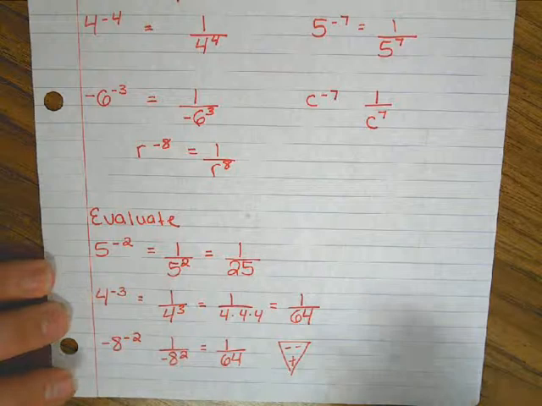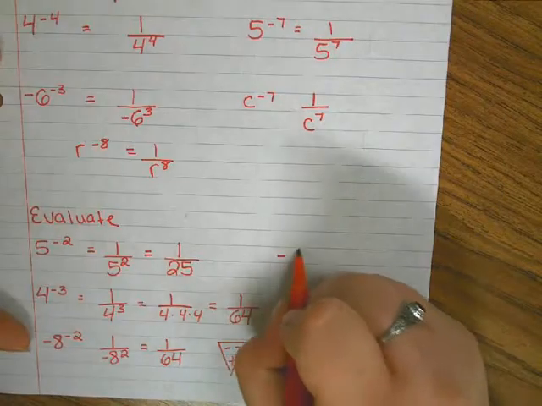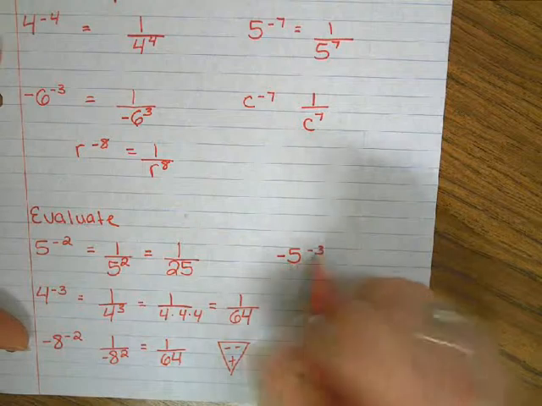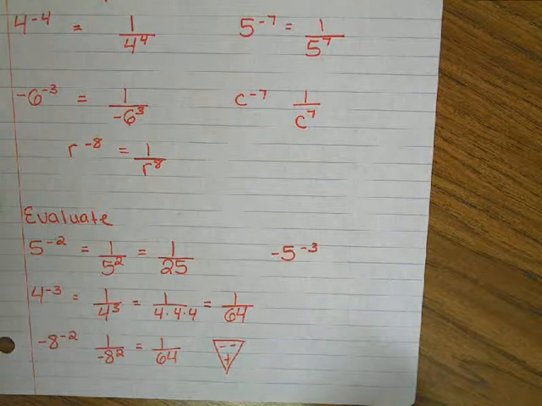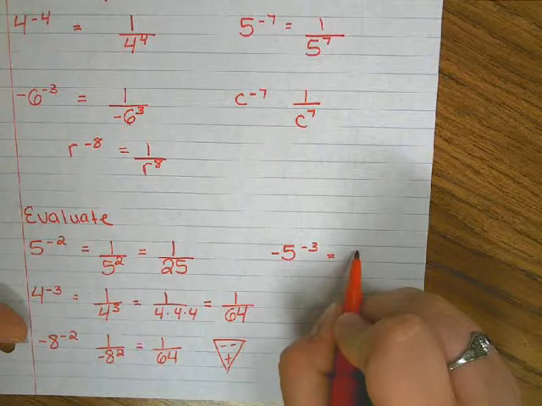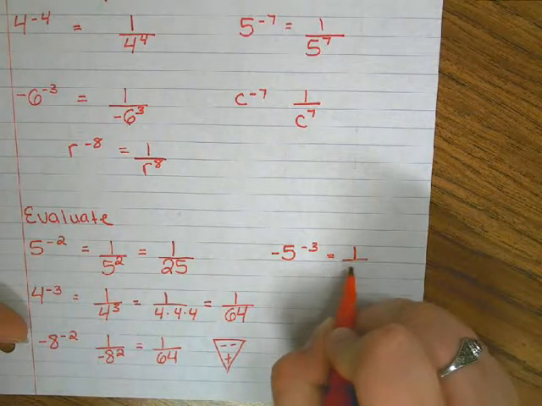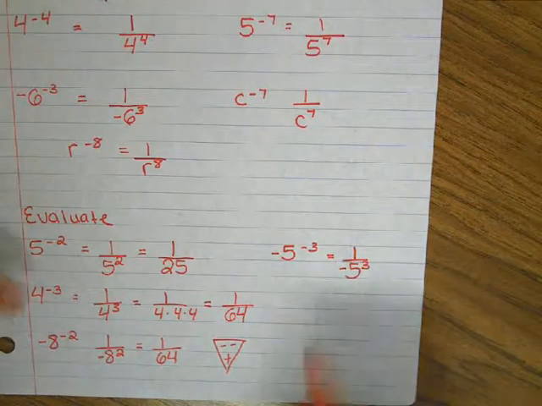What about negative 5 to the negative third power? So write it using positive exponents first would be what? 1 over negative 5 to the third. So now I need to evaluate what is negative 5 to the third equal.